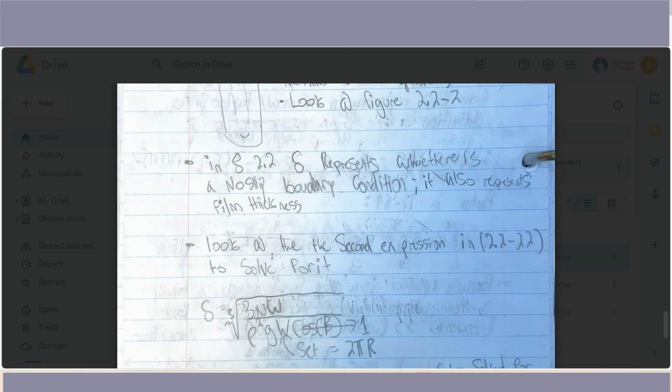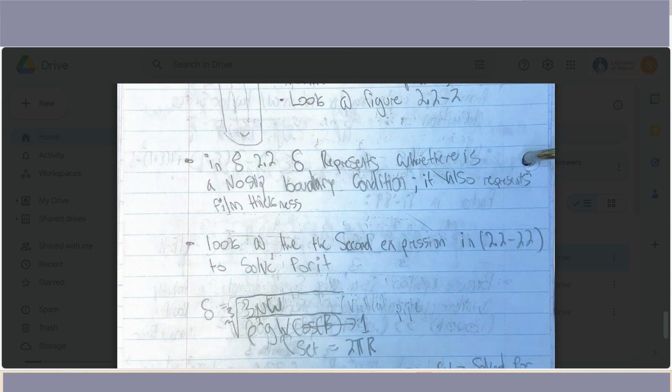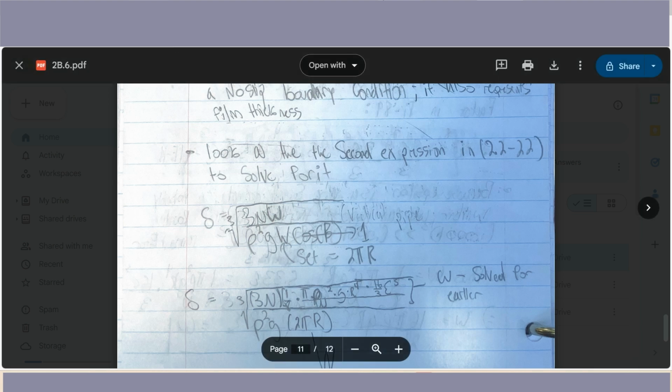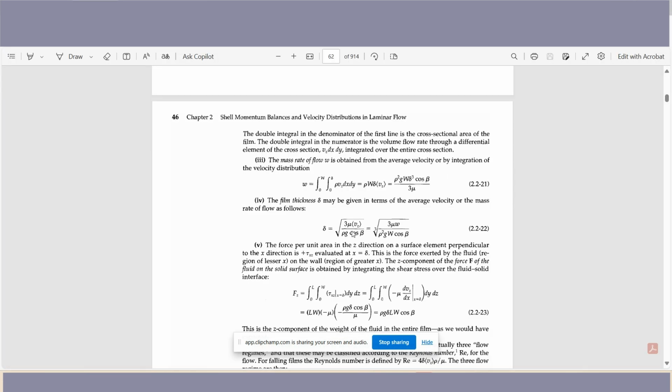In 2.2, sigma represents where there is a no slip boundary condition. It also represents film thickness. Does that make sense? Got the second expression, 2.2-22, to solve for it. Basically we just need to solve for sigma to get rid of it in our expression. So we're given these two equations.